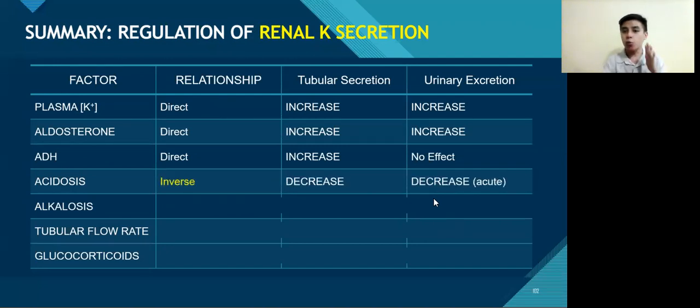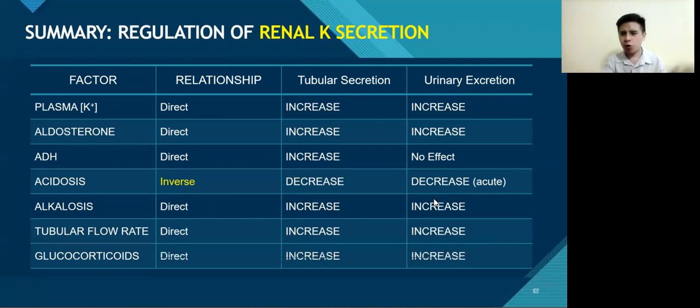High H level will exchange with potassium. That's why high H level will decrease potassium secretion. Thus, overall, excretion is negligible, decreased. That's why acidosis leads to hyperkalemia. Alkalosis is the opposite naman. Tubular flow rate, high secretion. Take note, excretion will also be enhanced, especially with too much tubular flow rate, okay? And the glucocorticoids, don't mind that, okay?